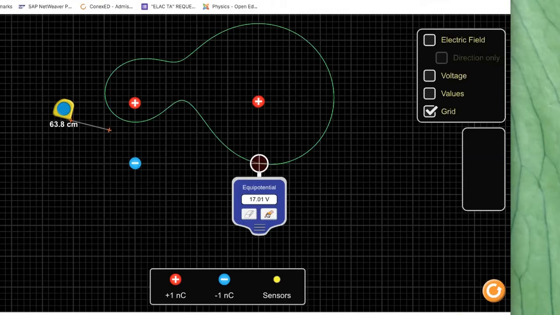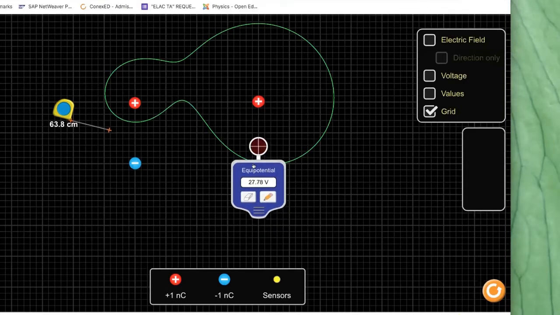Oh my gosh. Everywhere on that line, the voltage is 17.05 volts. Wow. I could kind of go to different places. We could answer, for example, the second question: what was the voltage at the midpoint between these? Where's the midpoint?